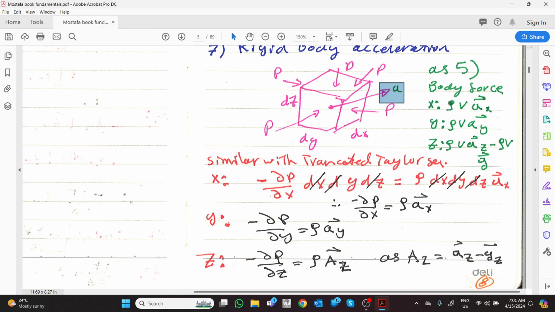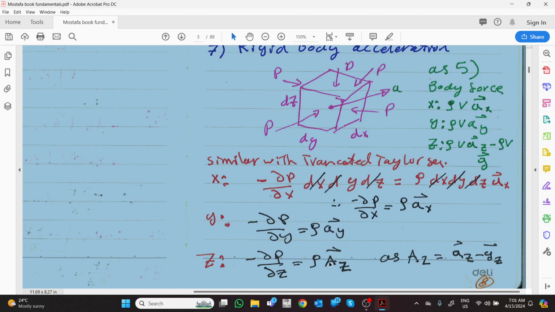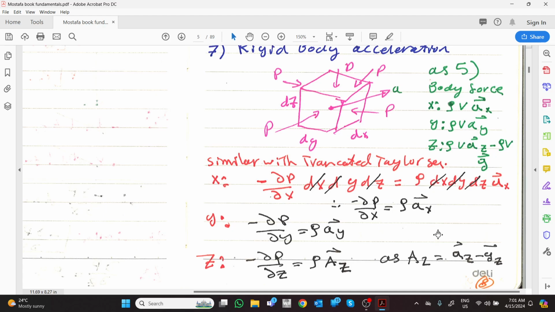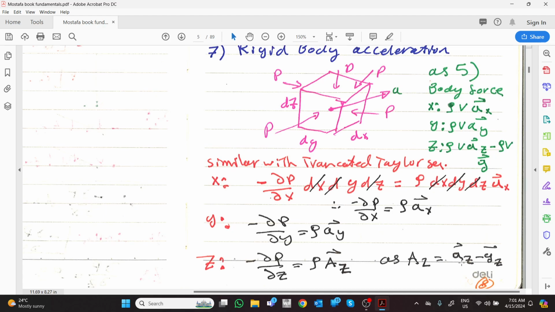But here, just remember that it is not only the acceleration in the z direction, because the acceleration in z is equal to the acceleration in z minus the acceleration of gravity. Of course minus, because this is the opposite way, and vectorial, of course.